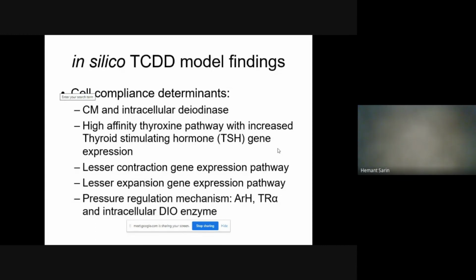Reduction in compliance, a decrease in compliance in cancer cells, and the mechanism is further determined to involve the thyroid receptor alpha and intracellular deiodinase, and for cell excluded molecules, the cell membrane deiodinase.